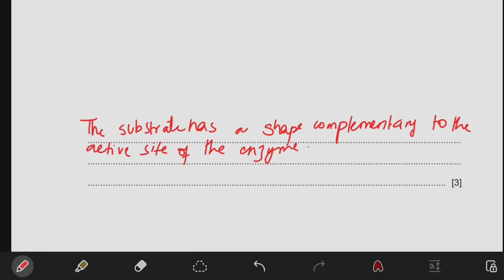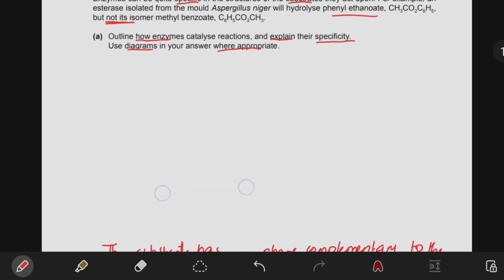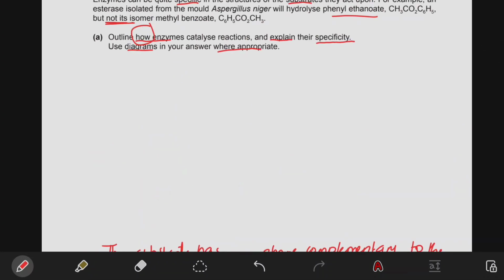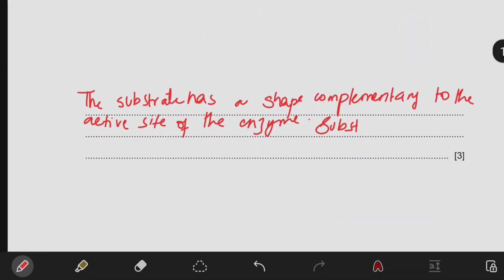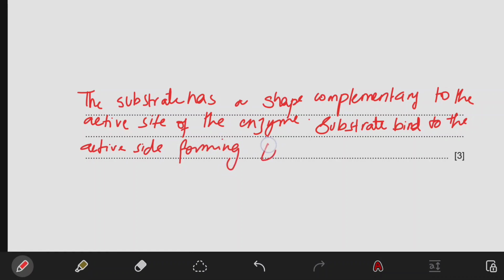After writing this point, you can say that substrate binds to the active site, because you need to explain how they catalyze reactions, forming an enzyme substrate complex.